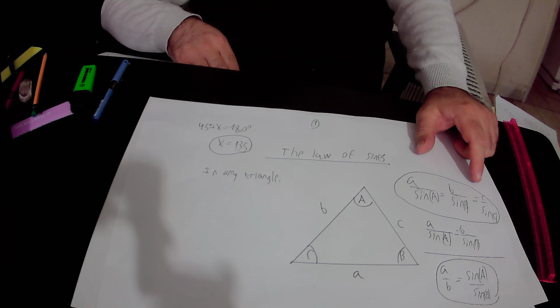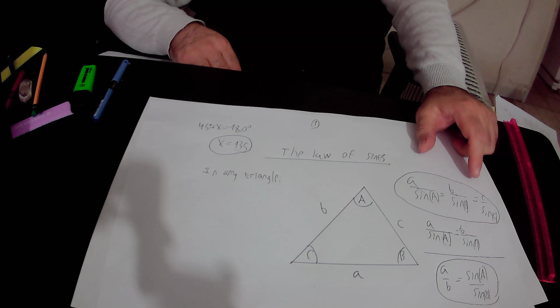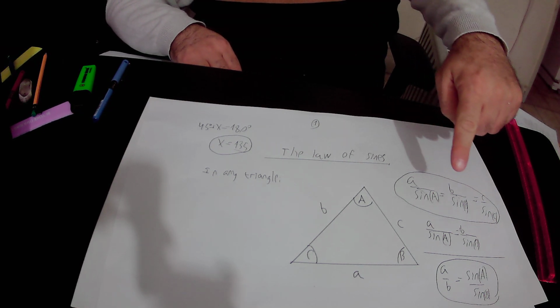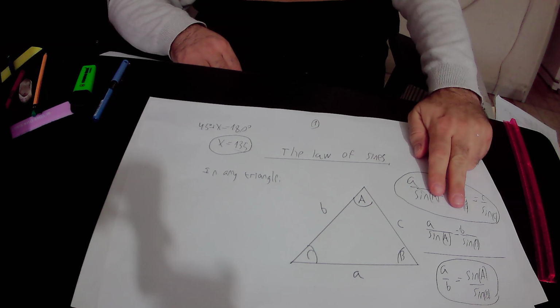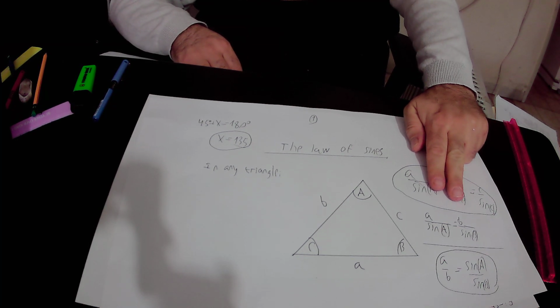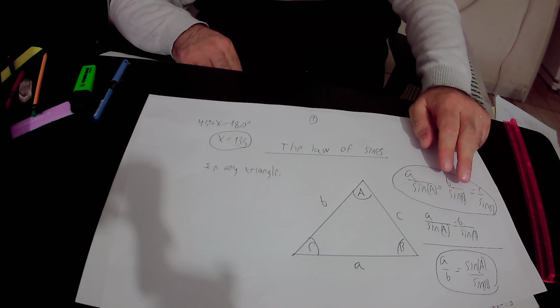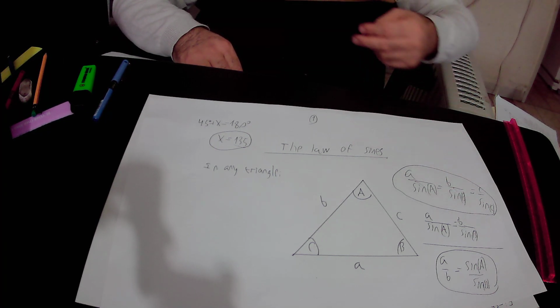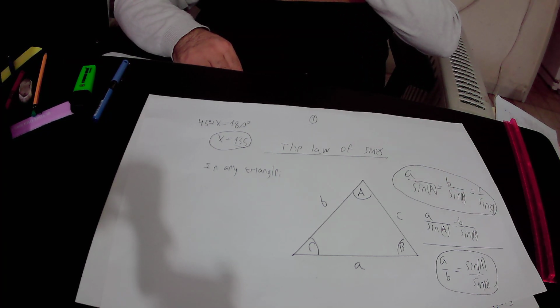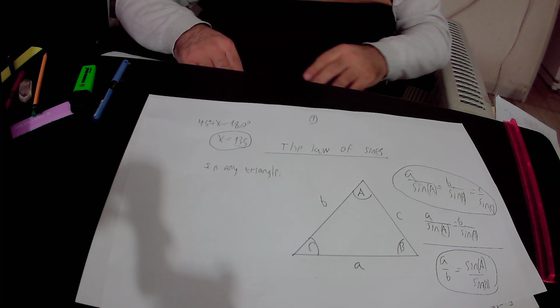So from this equation, we will derive that A over sine A equals B over sine B. We will cross multiply this equation and we'll get that A over B equals sine A over sine B. What does it mean? It means that the ratio between the sides of the triangle is equal to the ratio between the opposite angles.